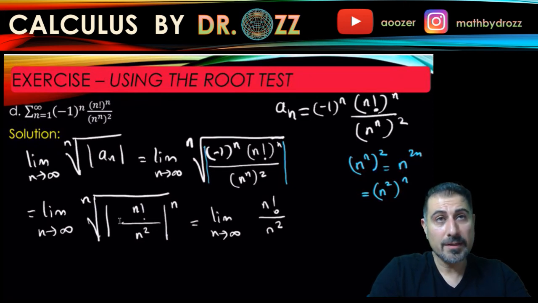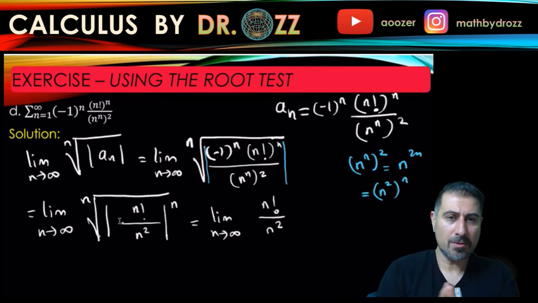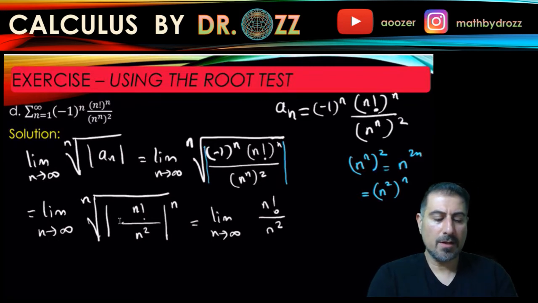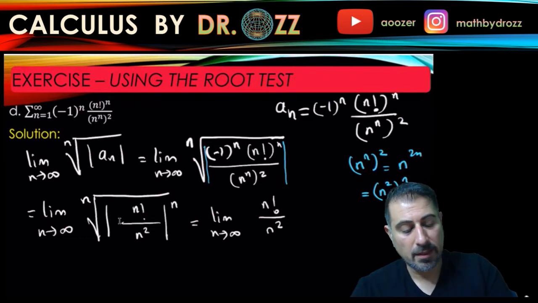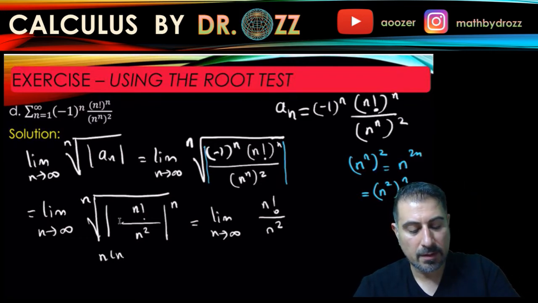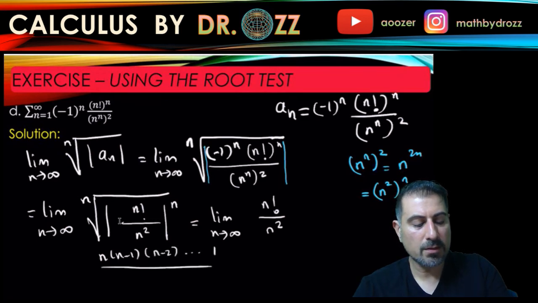n factorial is the product of numbers starting from n going all the way to 1. Even if you consider this in the sense of L'Hopital's rule, at the top you have n minus 1, n minus 2, all the way to 1, versus it's just n times n.